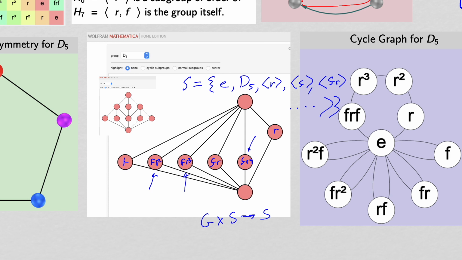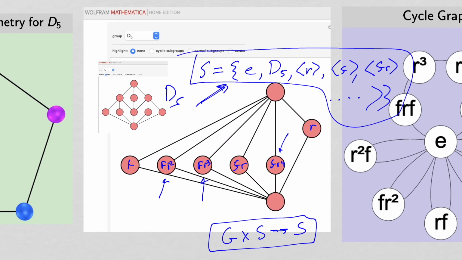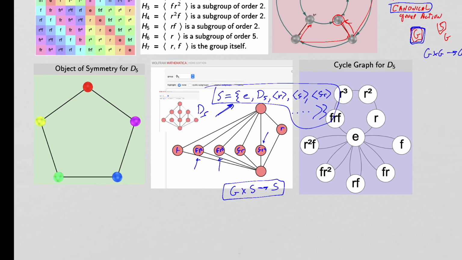This set pops into existence as soon as I say D5 exists, right? I'm studying D5. If you're studying D5, you're also studying this, no matter what. You can't get away from it. Ergo, any action between G and S defined this way is considered canonical, meaning you don't need to add any new ideas or introduce any new sets or mathematical constructions to define this thing. And there's a few others. We won't get into all of them now.